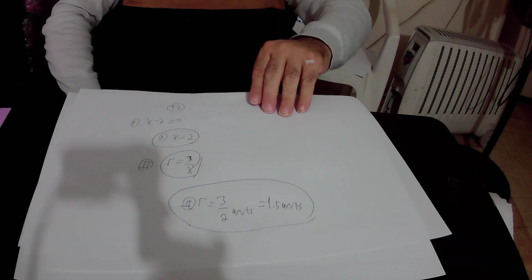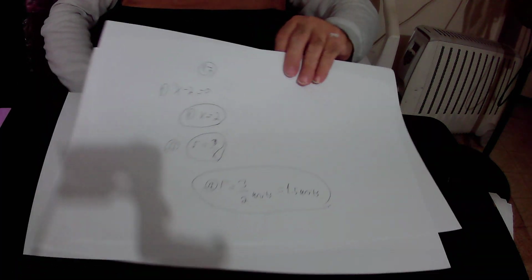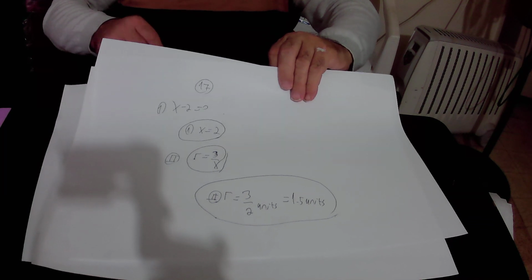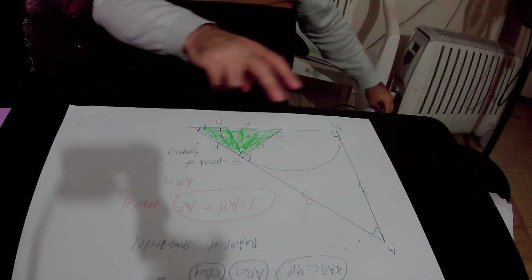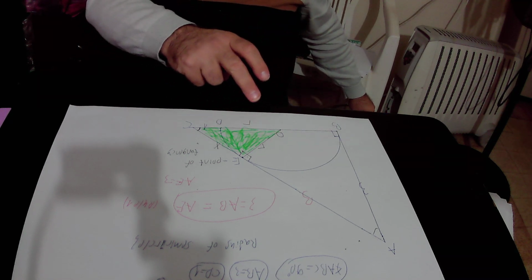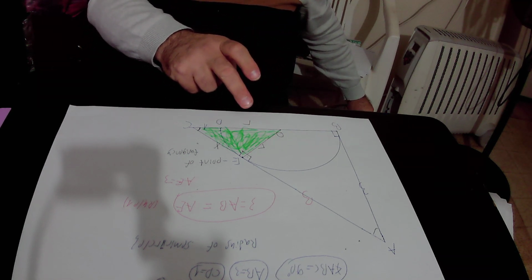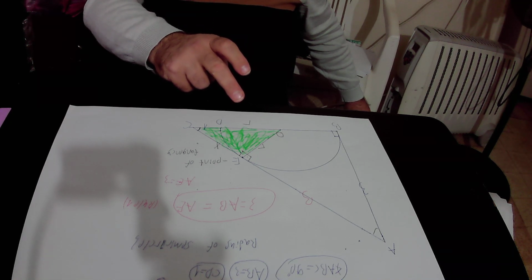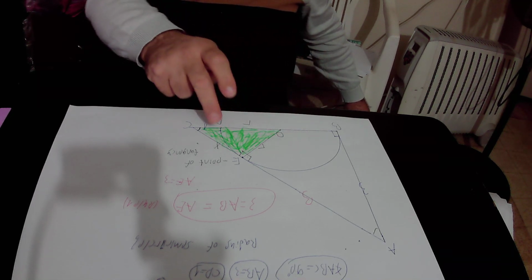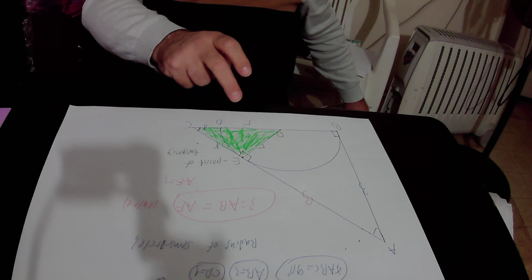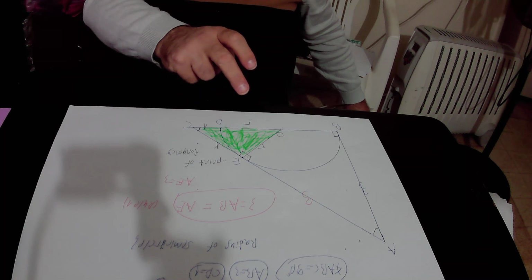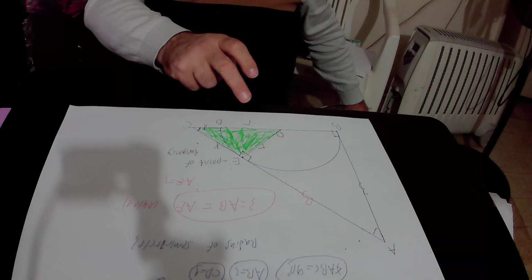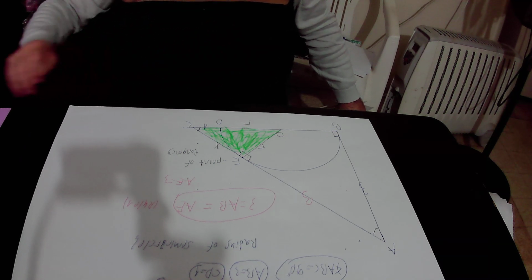So we actually found out that the radius of this semicircle, r, equals to either 3 over 2 units or 1.5 units. I'll repeat again. The radius of this semicircle, r, equals to either 3 over 2 units or 1.5 units. Okay, thank you very much.